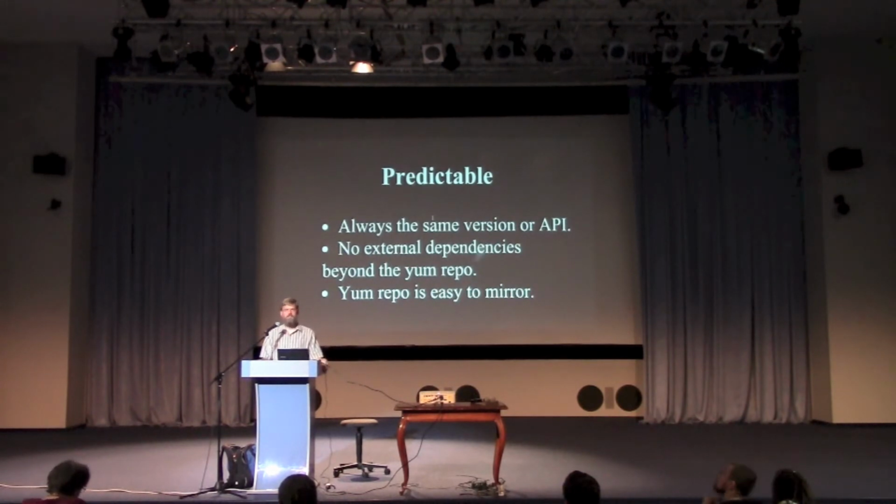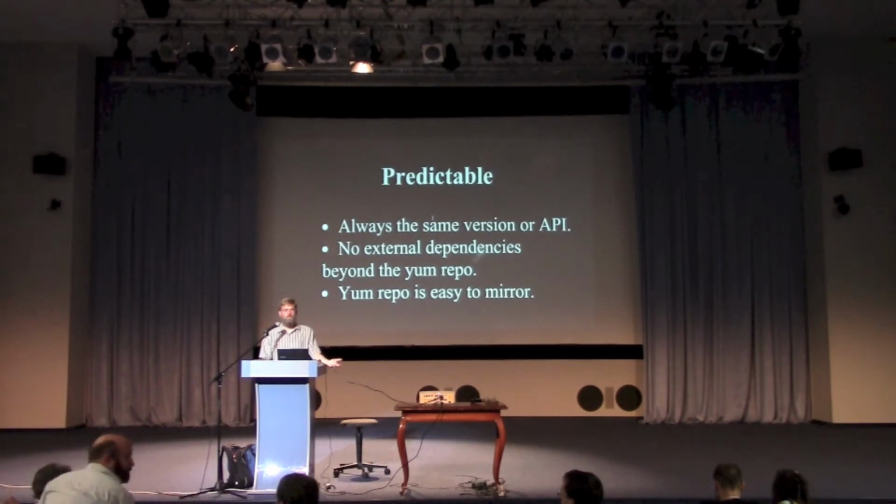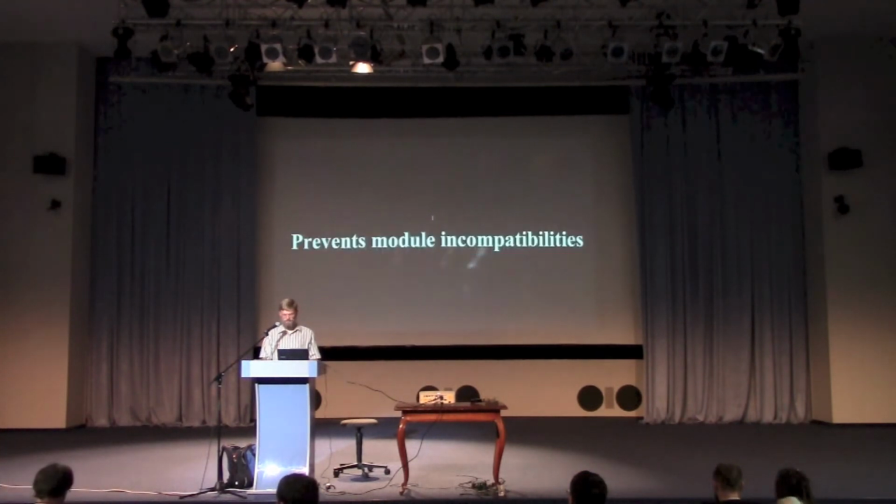Another thing that's nice is that the only dependency is the yum repository that you're getting the RPM from. And yum repositories are very easy to mirror, including locally on an internal network. So if you have lots of machines installing the same thing, you don't have to be dependent on the quality of mirrors that you may not be familiar with in the CPAN world, or just the speed of your public internet connection. You can mirror it locally.